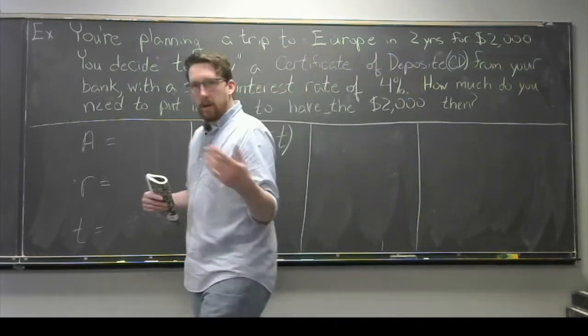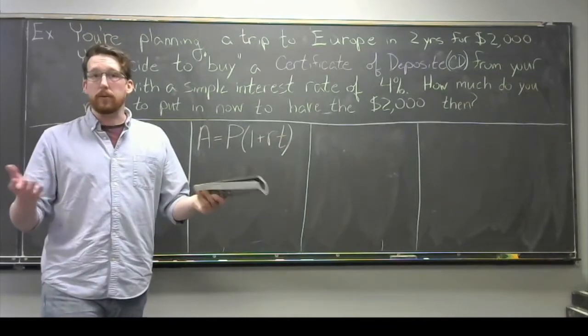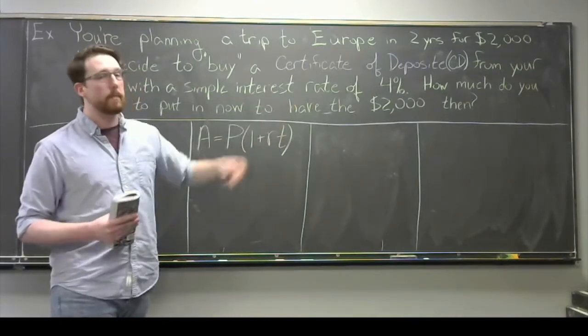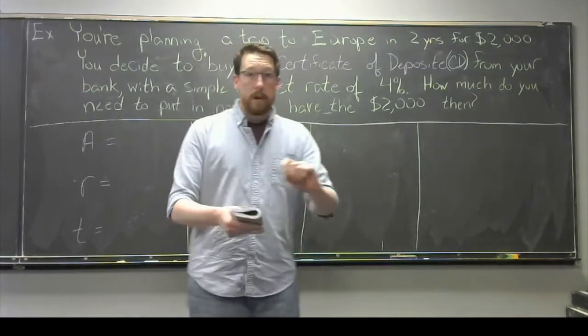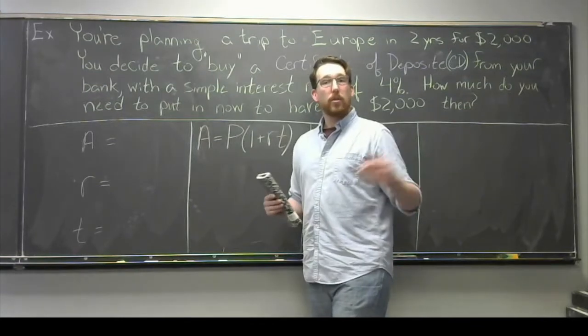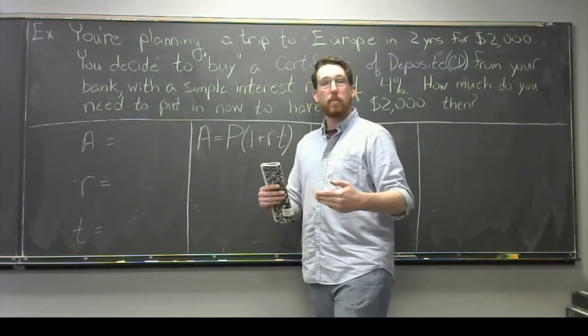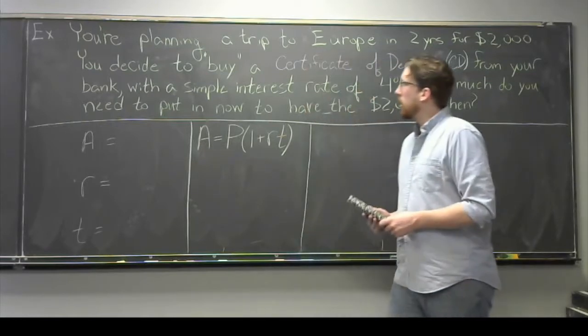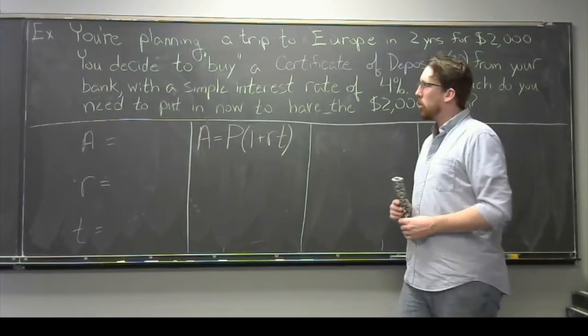So you call up your bank and you're like, all right, cool, hey, I want to buy a certificate of deposit, what's the simple interest rate on it? Your bank tells you it's 4%. Like, cool, awesome. So you sit down with pen and paper and you're like, how much do I need to put in order to have the amount of $2,000 at the end of my 2-year period? How are we going to solve that? How are you going to solve that?